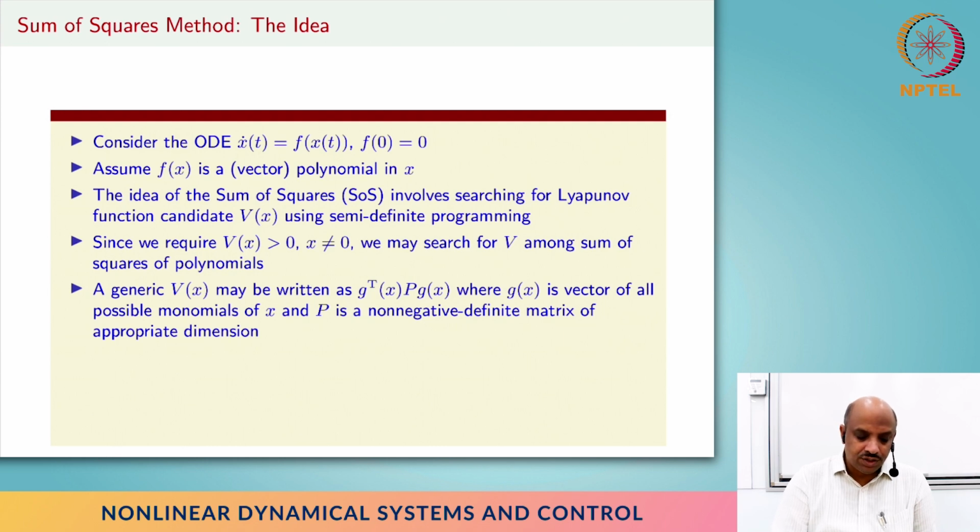So instead of searching in general, we can actually look for V of x in the form g transpose of x times P times g of x, where g itself has a bunch of monomials, expressions like x1, x2, x3, then perhaps x1x2, x2x3, x3x1, and so on, of every order.